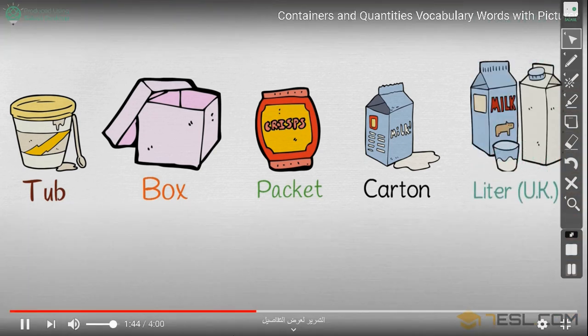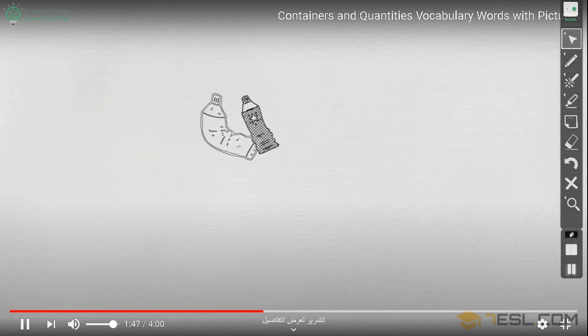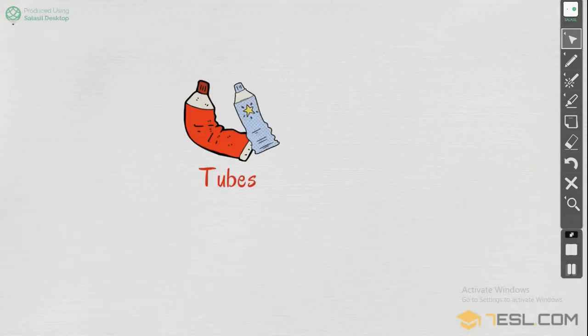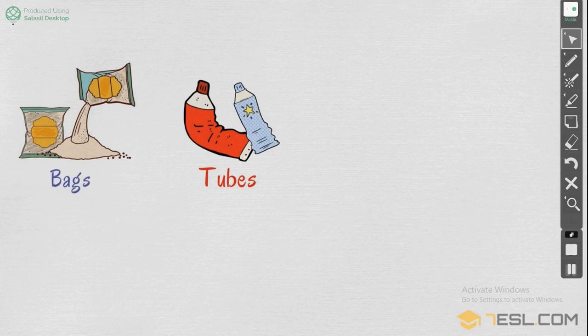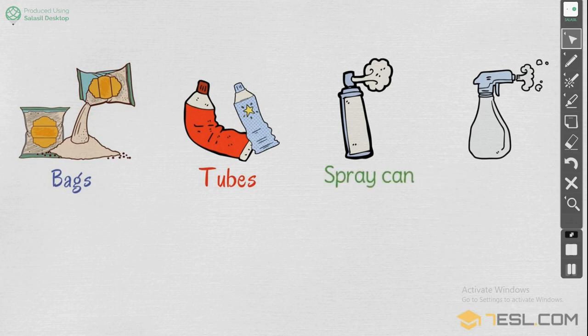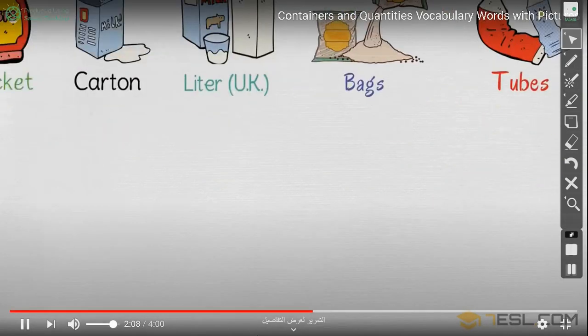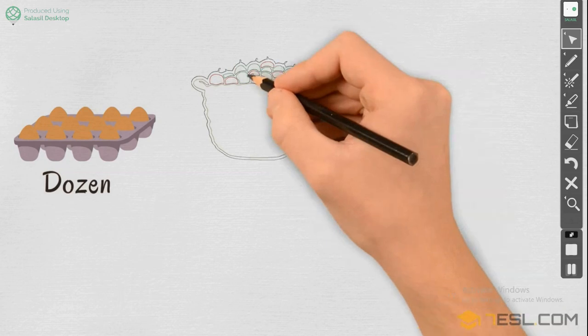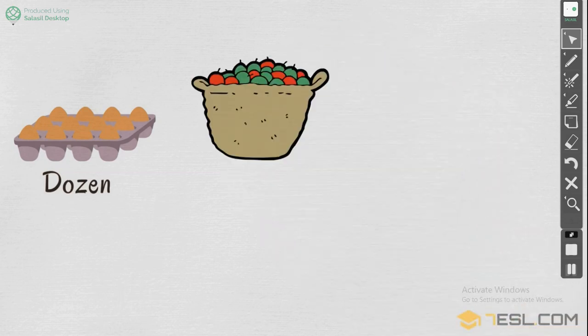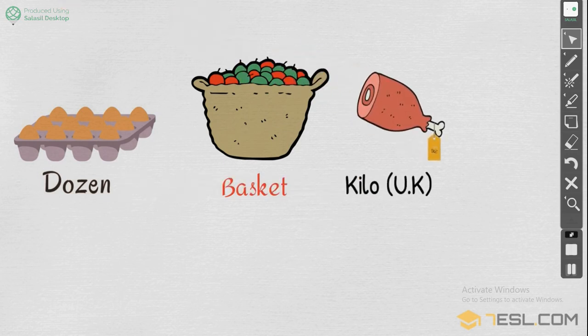Liter in the UK. Tubes. Bags. Spray can. Spray bottle. Dozen. Basket. Kilo in the UK.